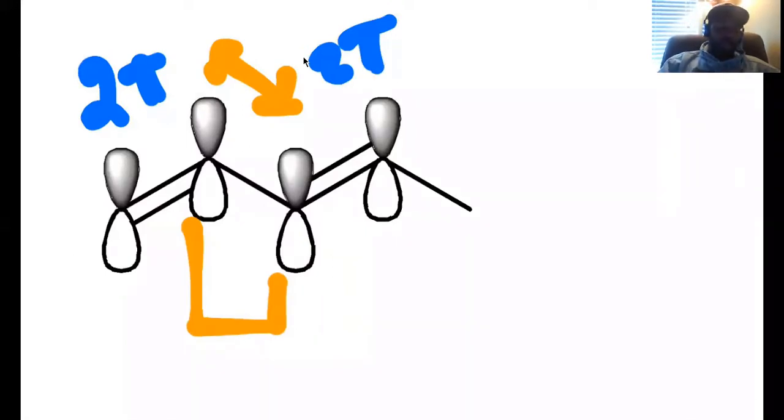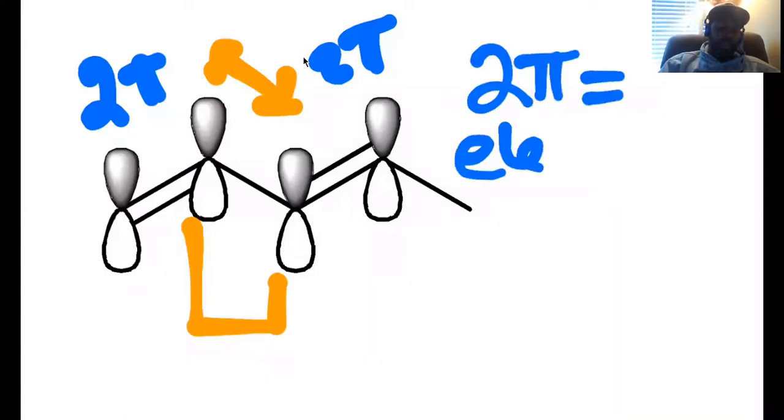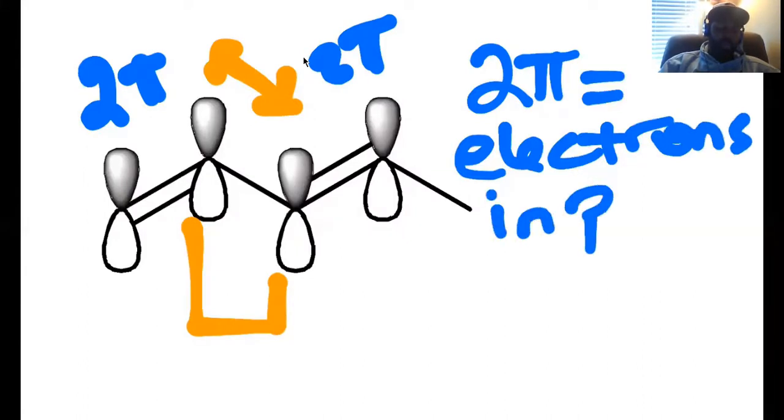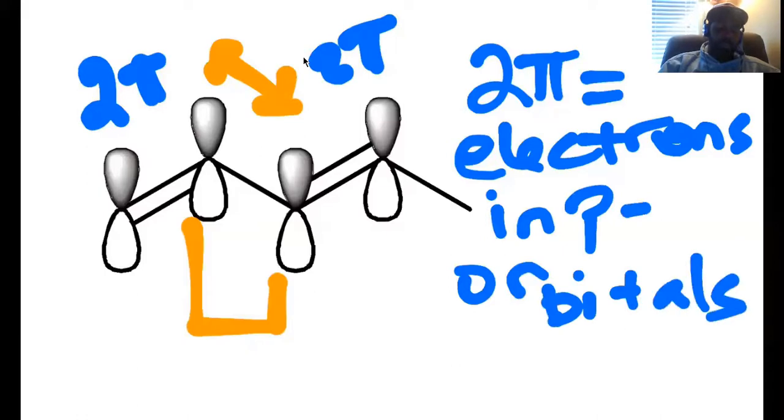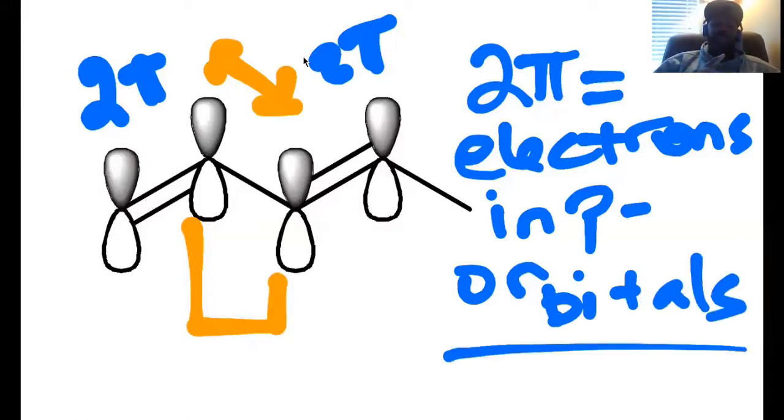By 2 pi, what I'm talking about is the electrons in the p orbitals. That's what 2 pi means. Those are pi electrons, or electrons that are in a p orbital.